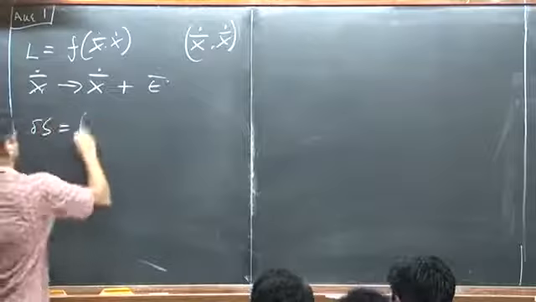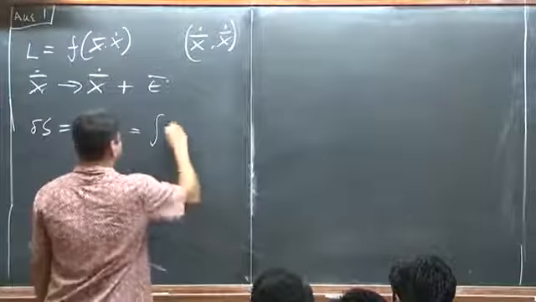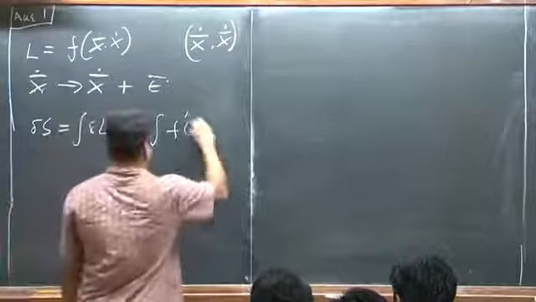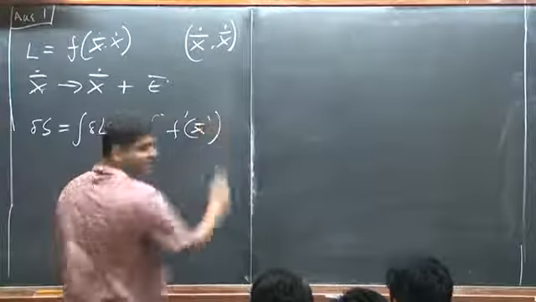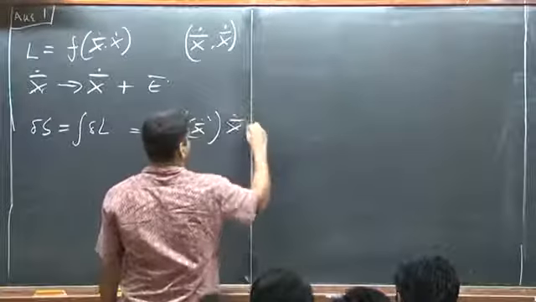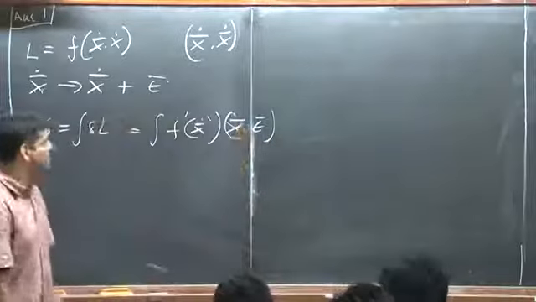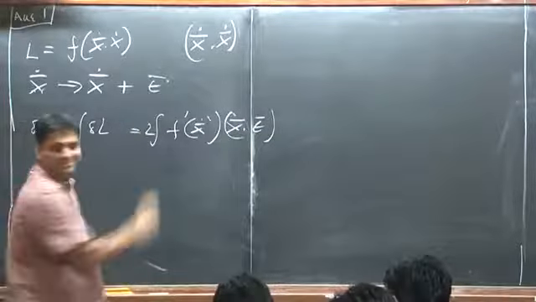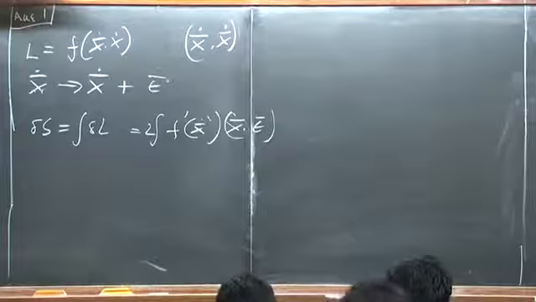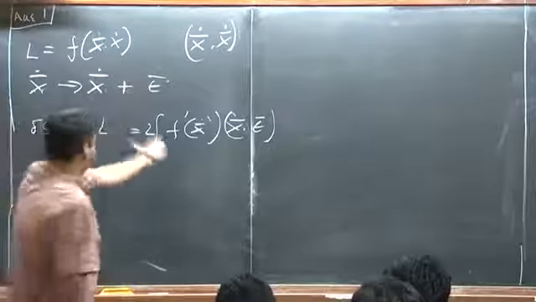Delta S, which is equal to the integral of delta L, is equal to f prime of x dot squared times the change in x dot squared, which is x dot times epsilon dot. Now this in general is nothing nice.